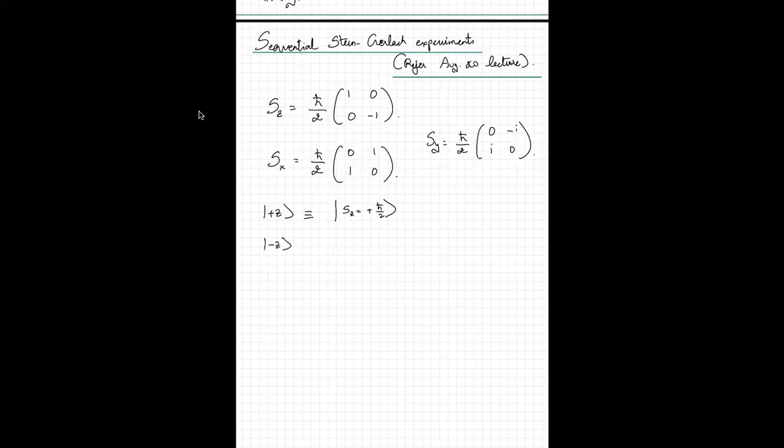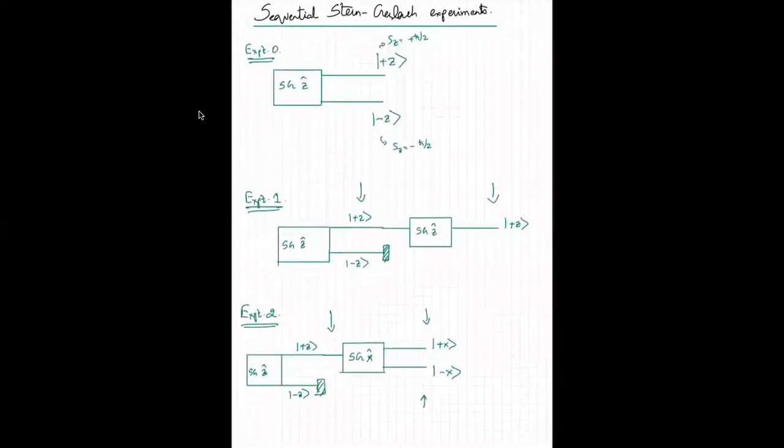Minus z corresponds to Sz equal to minus h bar over 2. Similarly, plus x is the beam with Sx equals plus h bar over 2, and minus x is Sx equals minus h bar over 2. These are the corresponding states, and this is the shorthand notation that we have employed in that particular lecture.